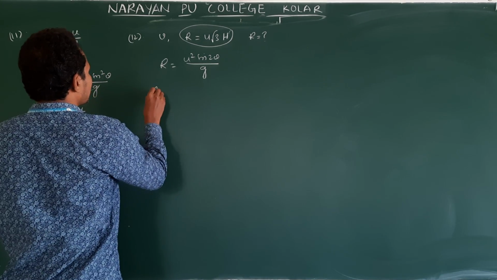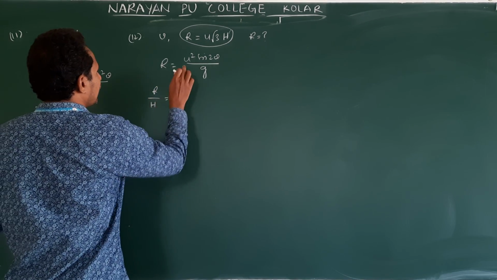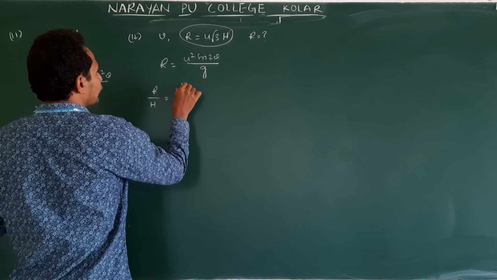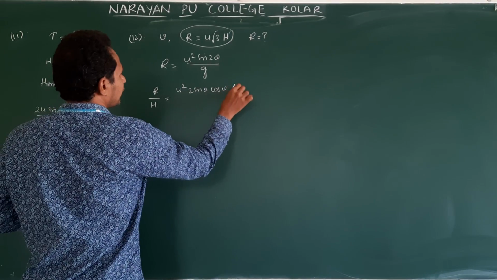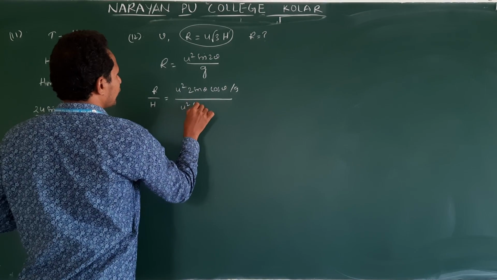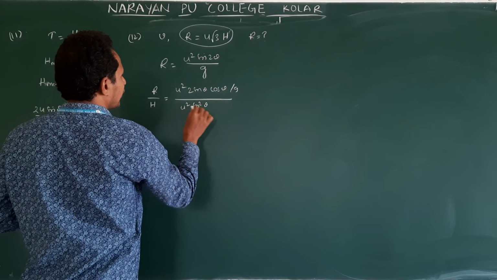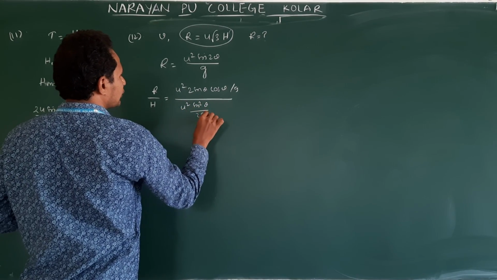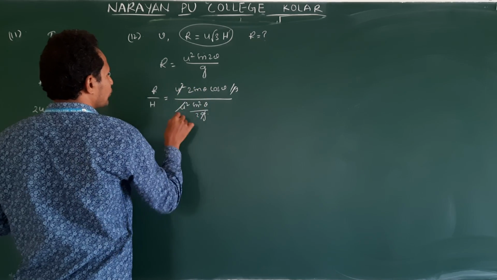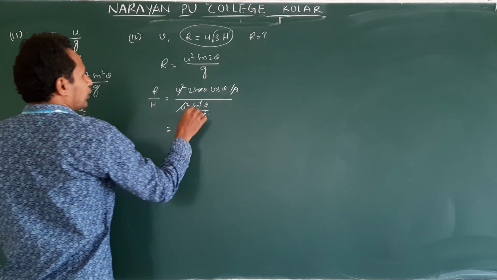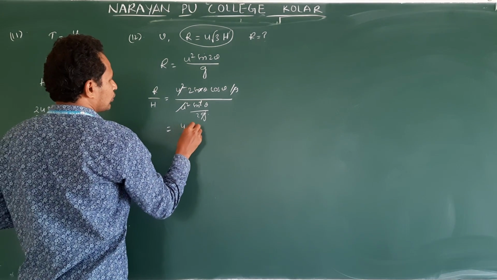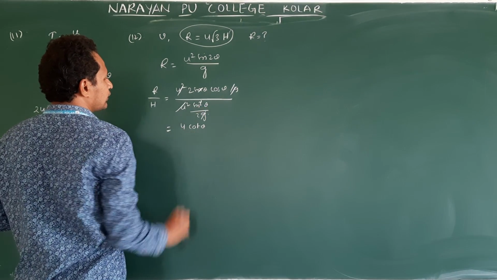If you take R by H, I am framing the relation: u square 2 sin theta cos theta by g, by u square sin square theta by 2g. g cancels, u square cancels, the 4 goes off, we get 4 cos theta by sin theta.